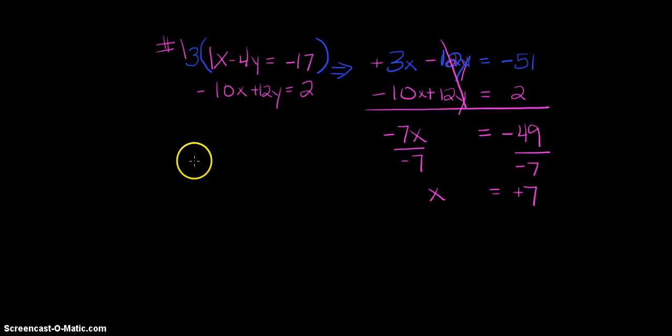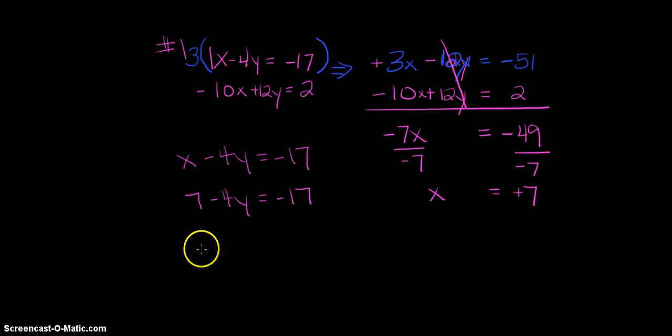So let's use that top equation instead. So it's x minus 4y equals negative 17. So instead of x, I'm going to put that 7. So it's 7 that I'm getting from over here minus 4y equals negative 17.